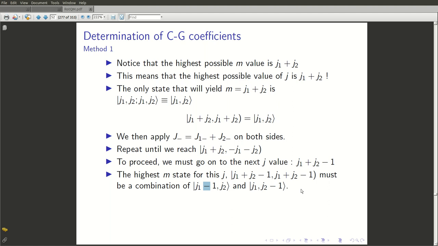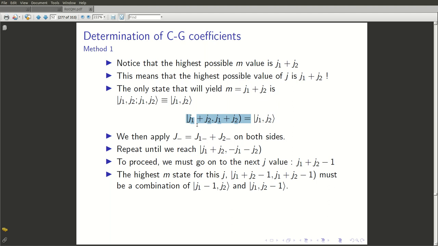So our state, J1 plus J2 minus 1 comma J1 plus J2 minus 1, must be a linear combination of these two states. How do you find out which linear combination? Well, remember when we applied J minus, the very next step that we got was J1 plus J2 comma J1 plus J2 minus 1.